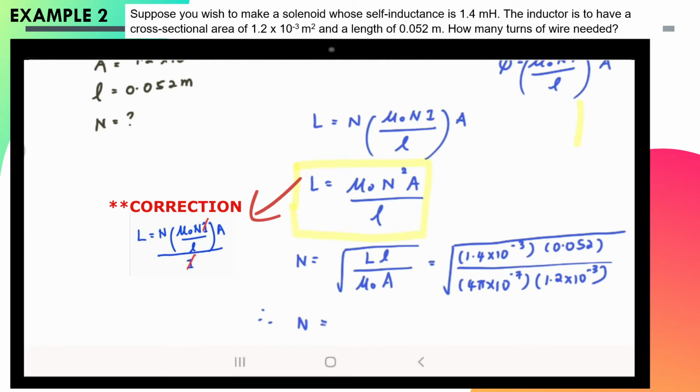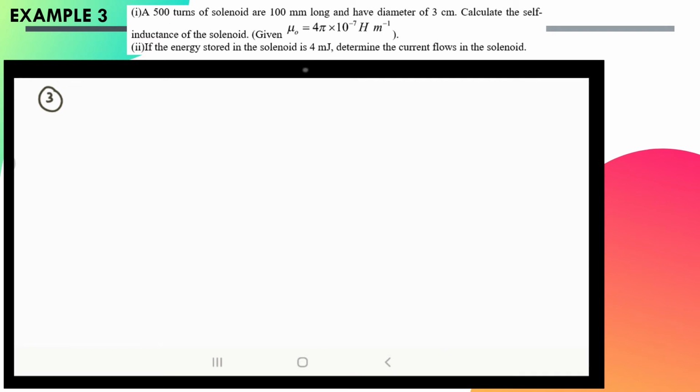Therefore, the number of turns is equal to 219 turns. Okay?